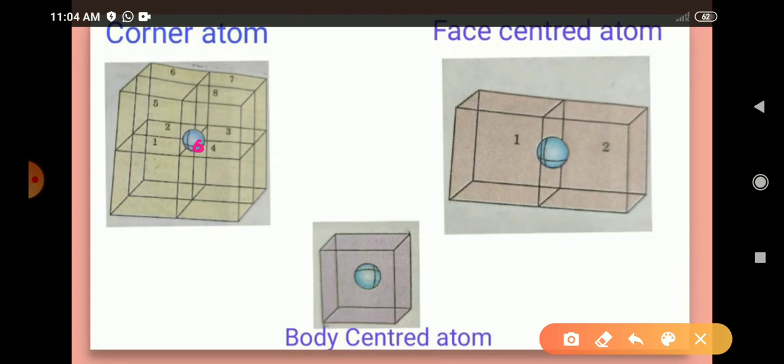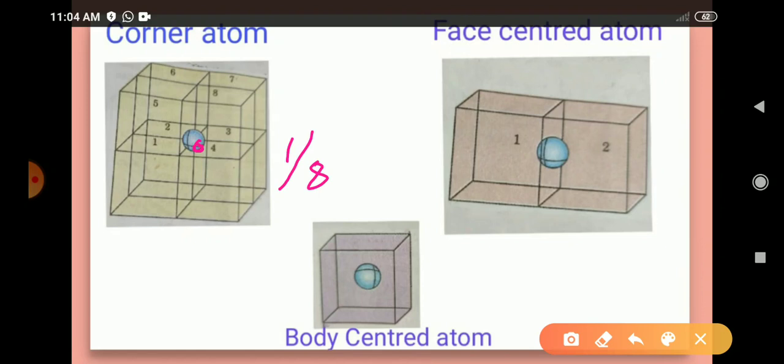This atom is shared between 8 unit cells. As shown in the figure, there are 8 unit cells and this particle is shared between the 8 unit cells. Therefore, only 1/8 of the atom belongs to a particular unit cell. Therefore, its contribution is 1/8.